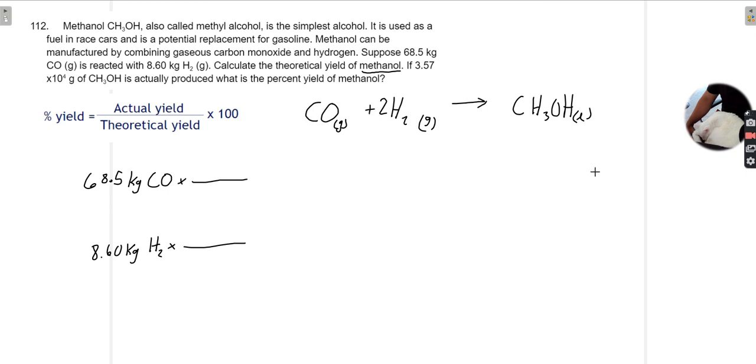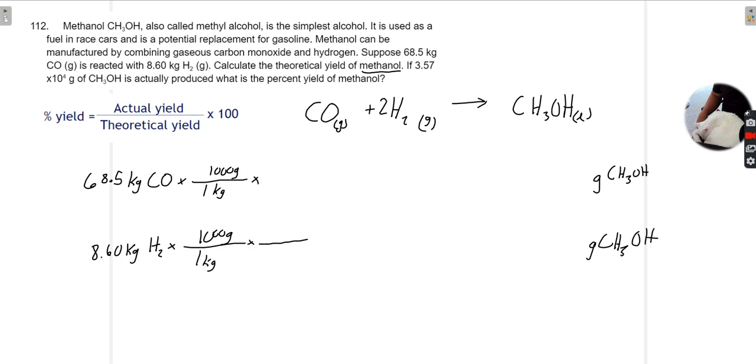So we want to find out how many grams of CH3OH we can make using these substances. We don't know which one's going to run out first. We always have to take that into account. So let's do a limiting reactant style problem. I don't like working in kilograms, but I know that 1 kilogram is the same thing as 1,000 grams, okay?